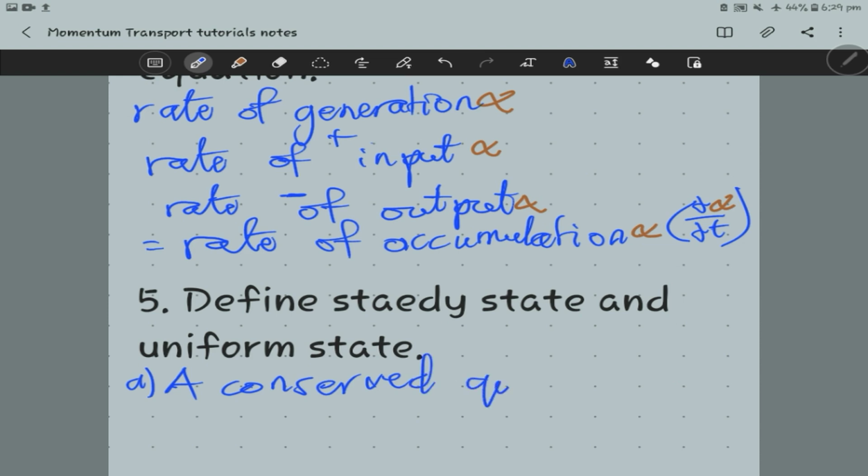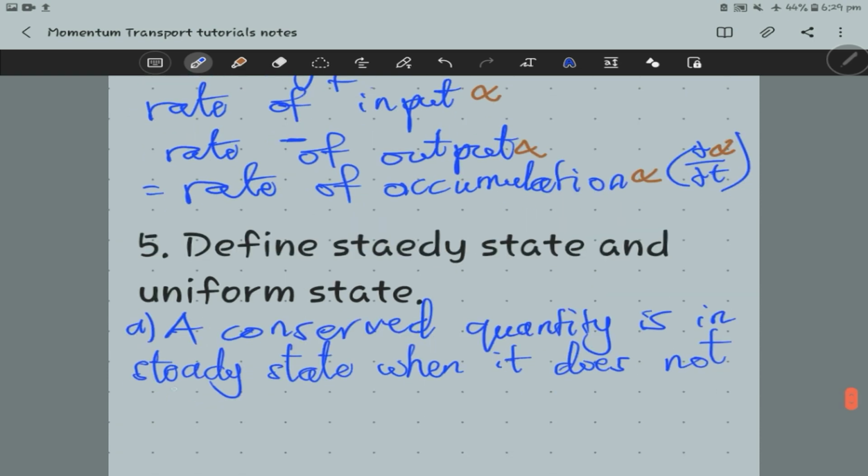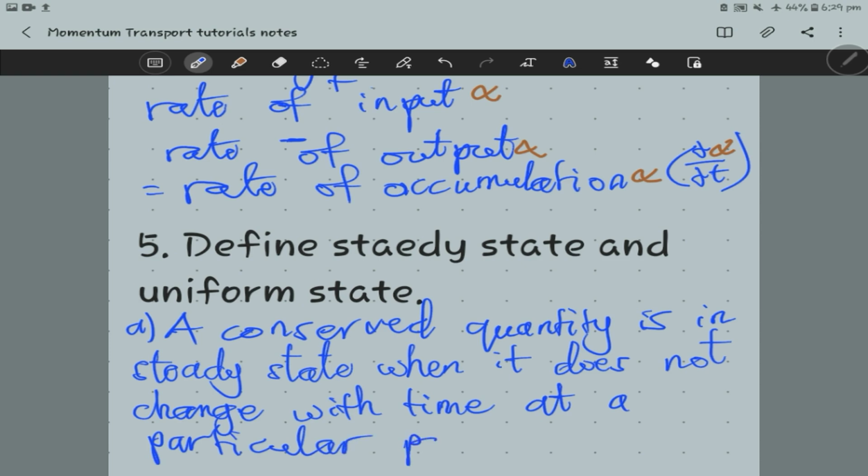Just put the quantity is said to be in steady state when it does not change with time at a particular point in space, right?